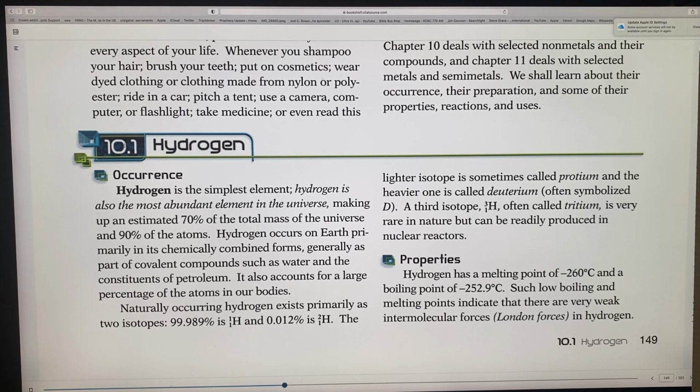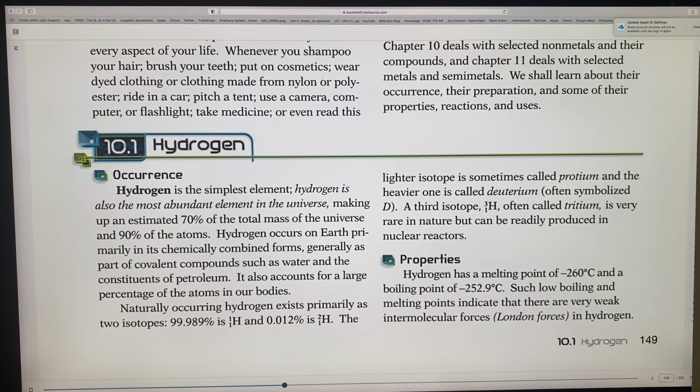So hydrogen has 3 different isotopes. Remember, isotopes have a different number of neutrons. 99.989% are protium. What protium basically is, is hydrogen having 1 proton and 1 electron, so that's our basic. But sometimes hydrogen will appear with an extra neutron.